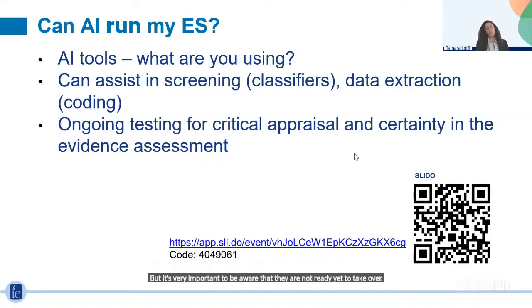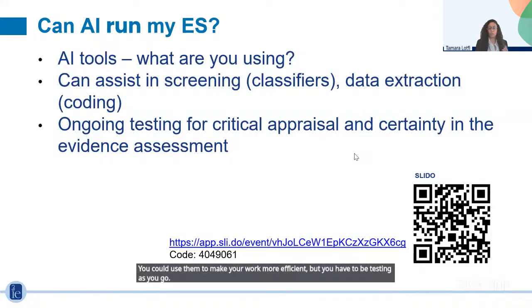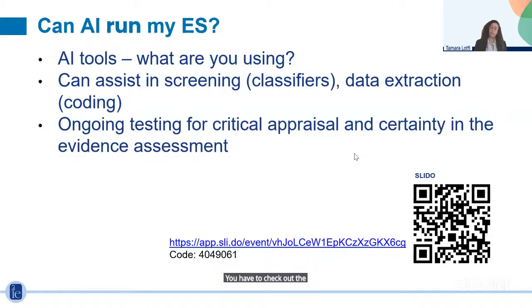You could use them to make your work more efficient, but you have to be testing as you go. You have to check the validity of the models that have been used to train the particular model, the algorithms, and so on. And to work with people who are experts in understanding the models themselves and their implications on your work.